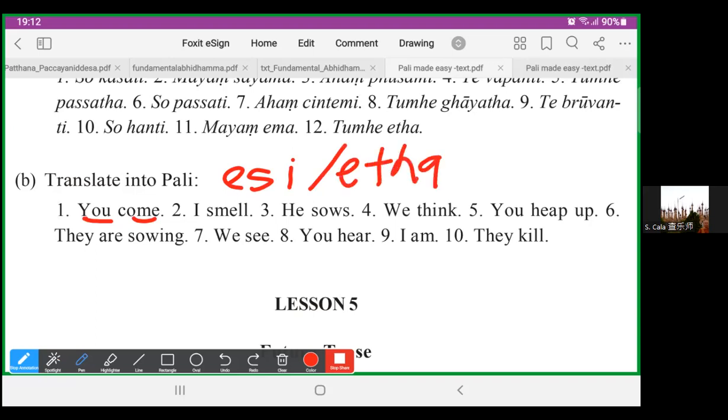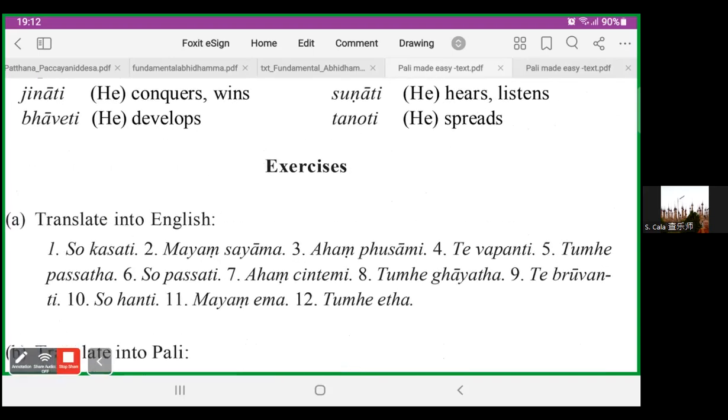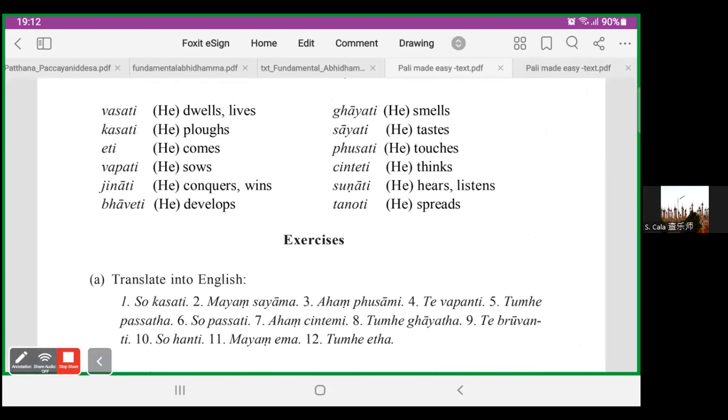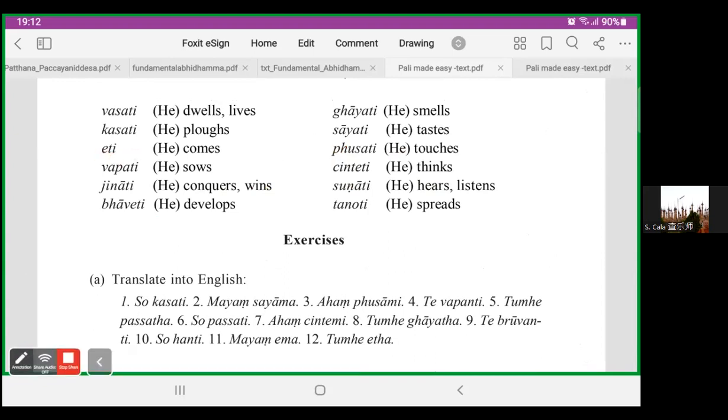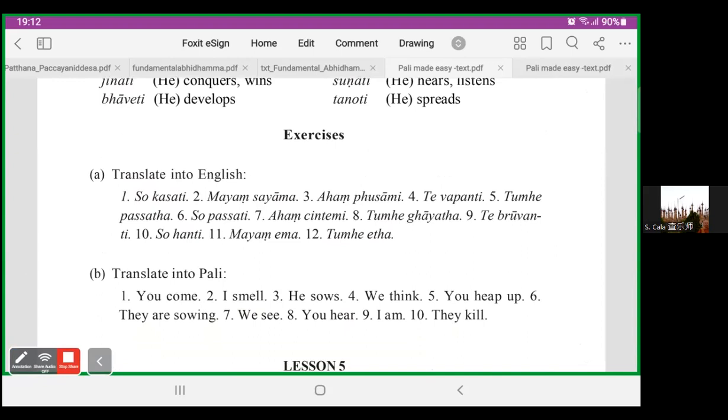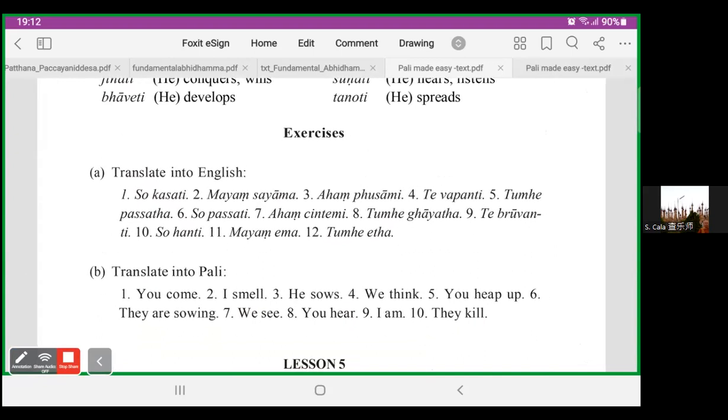Because we learned just now, come is 80. So you just put the A, become eta or AC. So tuam AC, tuam eta. Later we look at filling the answer. So we just go through this one.